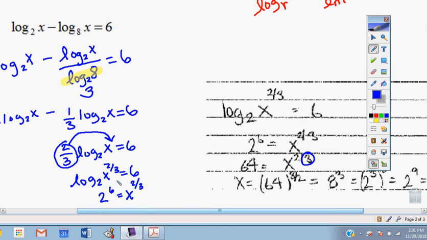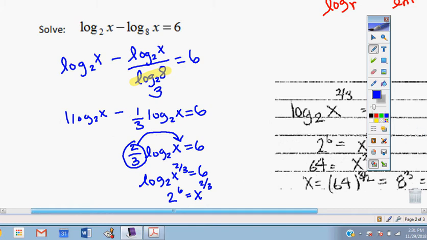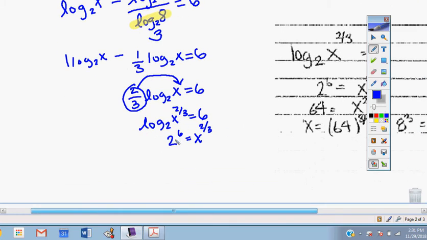It's definitely doable, but at this point I can scroll down to show you how I would process this differently. 2 to the 6th is 64. So we've got x, and this is going to be the cube root of x squared, like 1/3 is really the cube root.